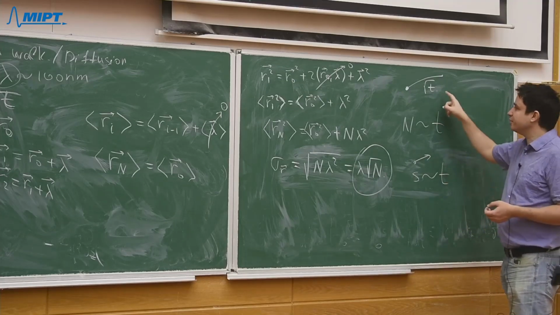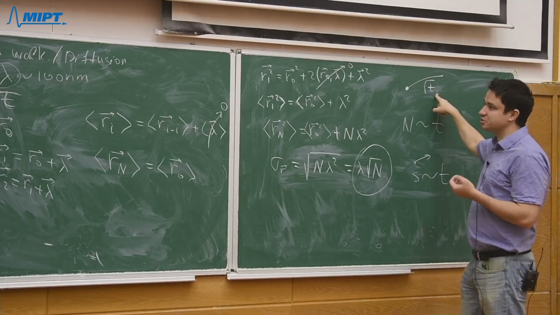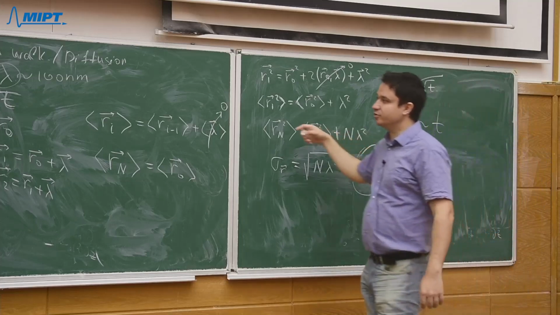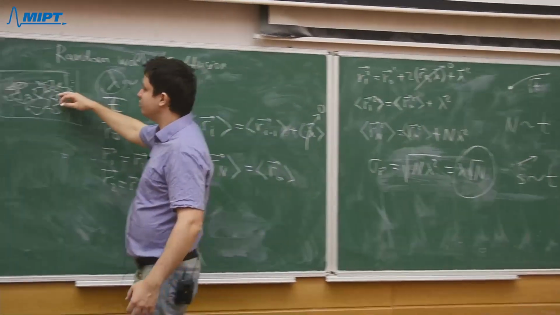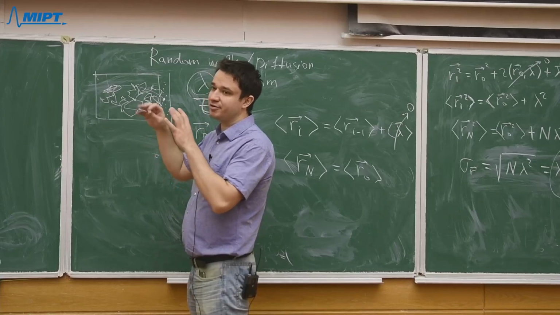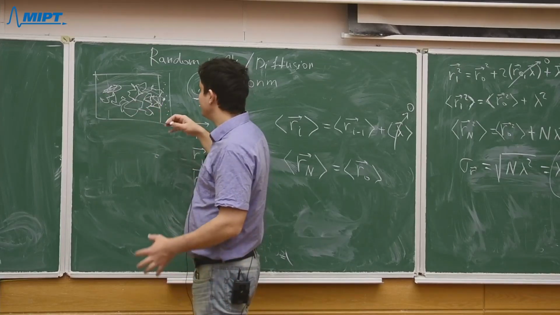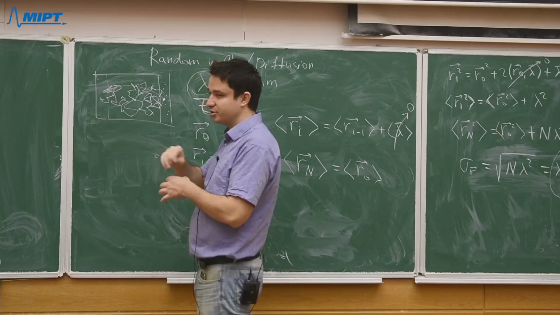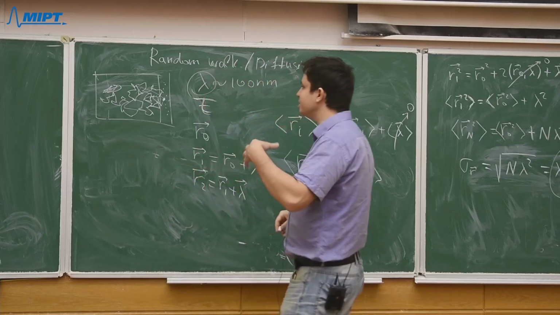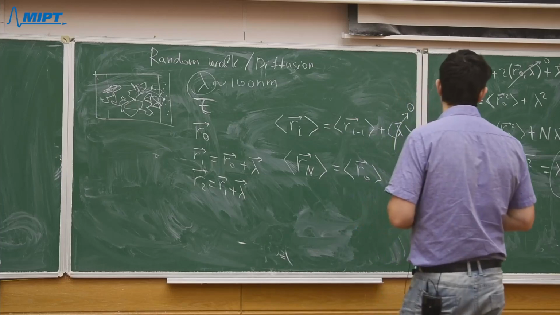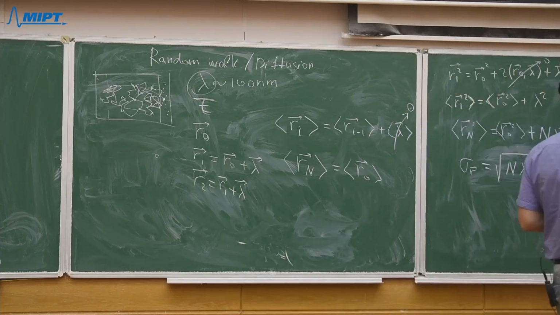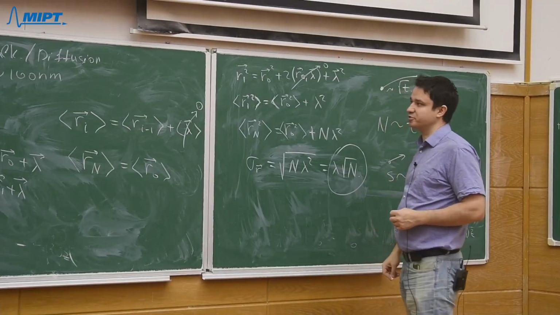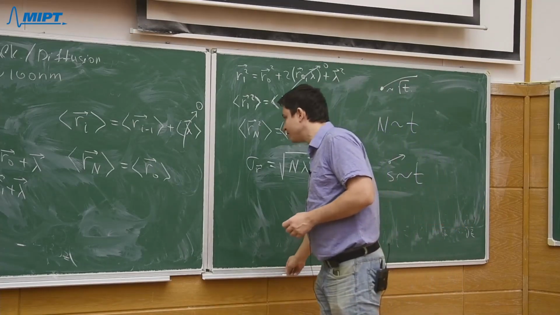So this square root of t arises due to the randomness in the scattering process. You do not go in some direction in particular, you go in all directions at the same time. But as you go over these random motions, you get displaced farther and farther away from the initial point. But the displacement increases proportionally to the square root of time, not the linear time.